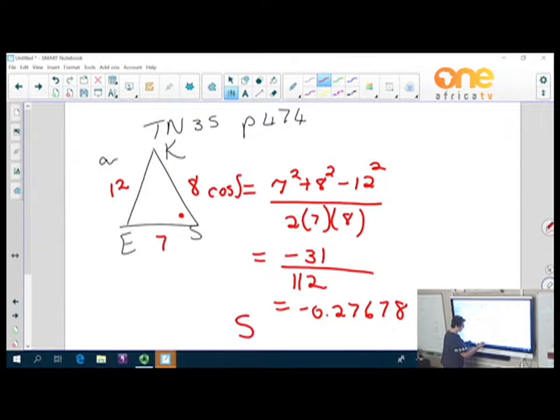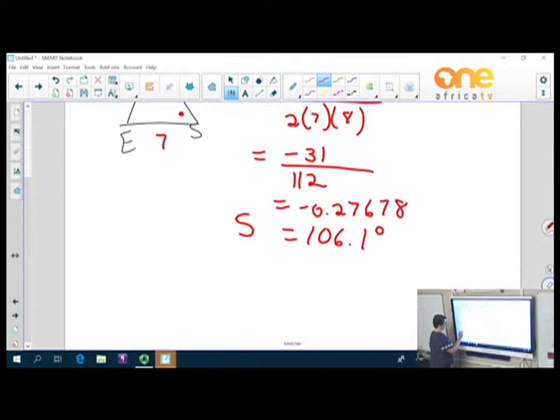So eventually, this is going to be second function cosine, your answer, and then I got 106.1 degrees. Remember, angles are to 1 decimal place. So this is how we're going to find this angle. Now I want you to try the following ones first before you mark them.